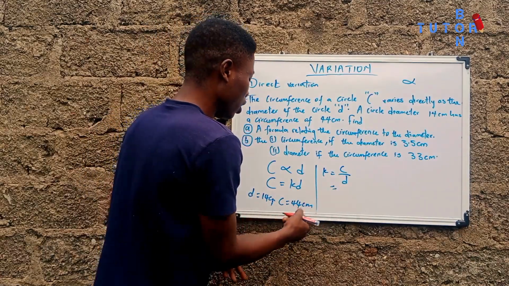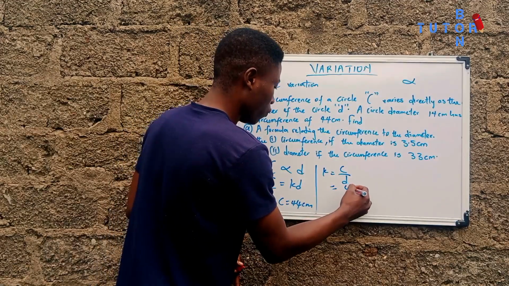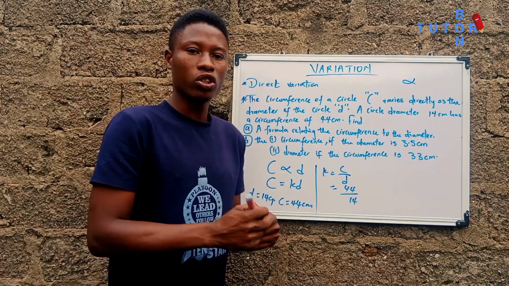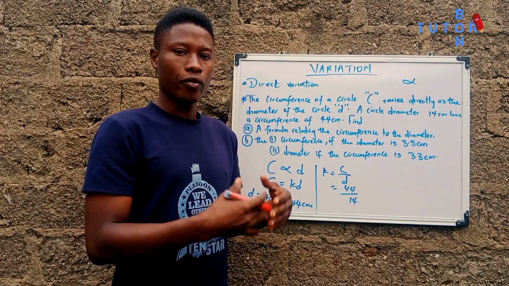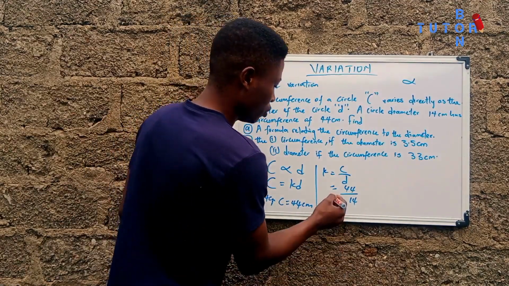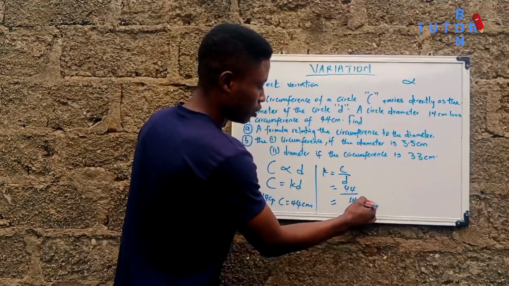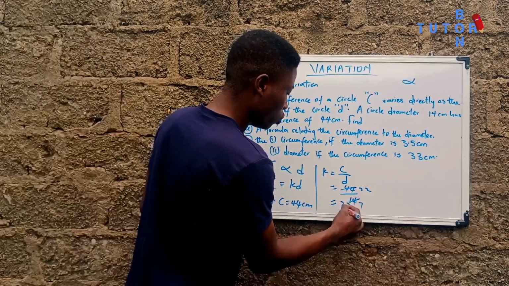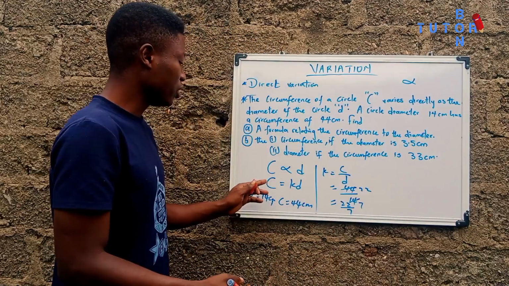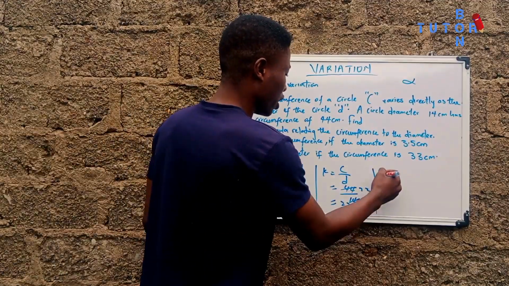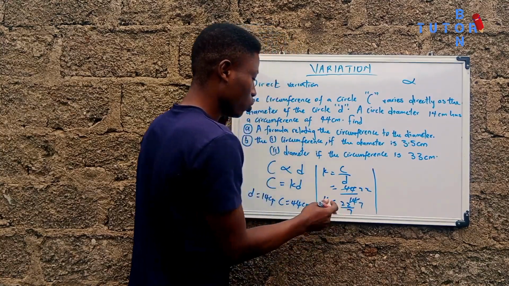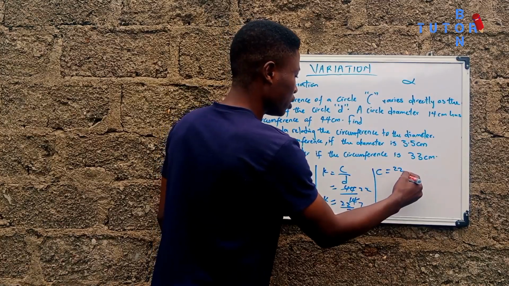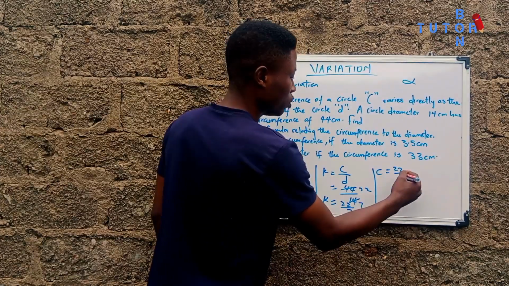So now K equals 44 over 14. Dividing by 2 here and 2 here, that's 22 over 7. That means your K is equal to 22 over 7, and you have C equals 22 over 7 D.